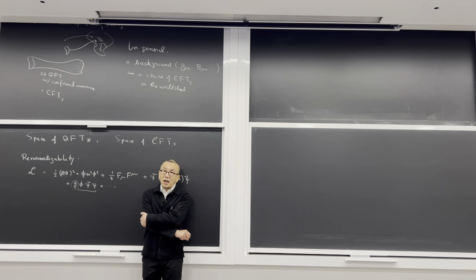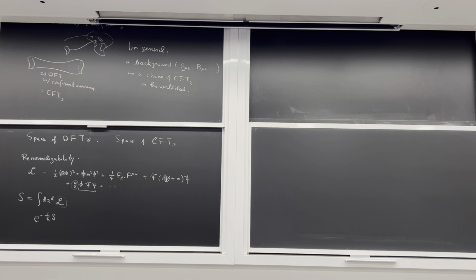Let me be more specific. So for example, let's consider d-dimensional space-time, then the action is given by this. We can ask what is the mass dimension of the action. One way to tell is that the action has to be dimensionless, because even if we introduce the non-natural unit where we explicitly write down h bars, the weight of a physical amplitude is exponential of minus the action divided by the Planck constant.